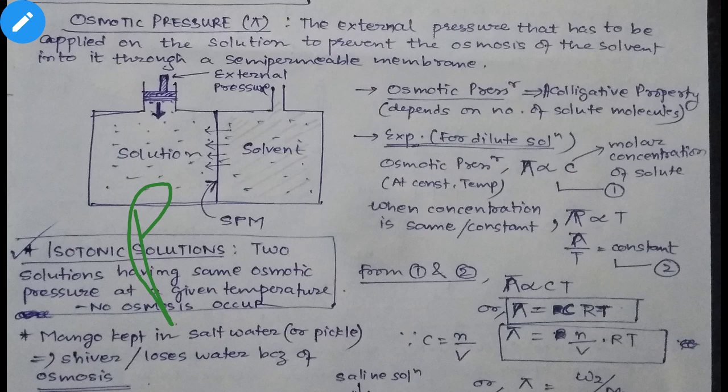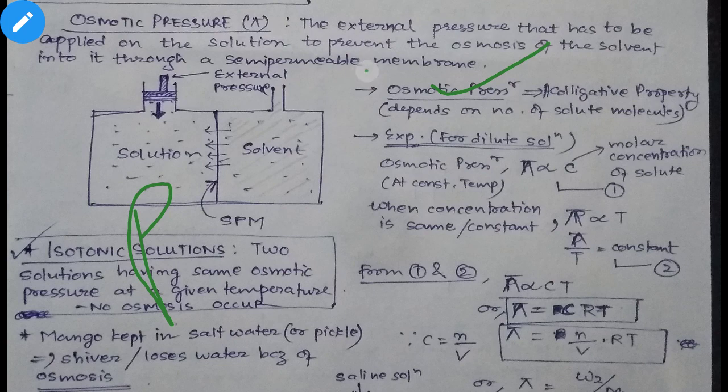Osmotic pressure is a colligative property, which means it depends upon the number of solute molecules. It is that external or excess pressure applied to the solution side so that the process of osmosis gets stopped. So here I have written the definition.